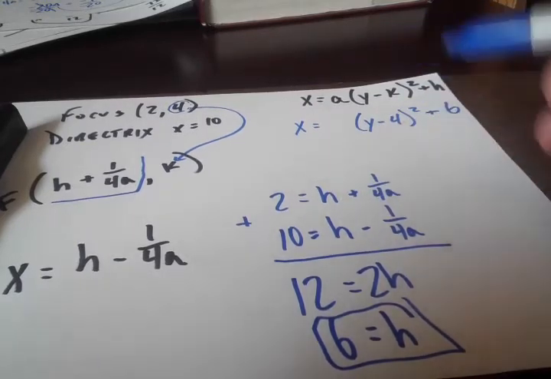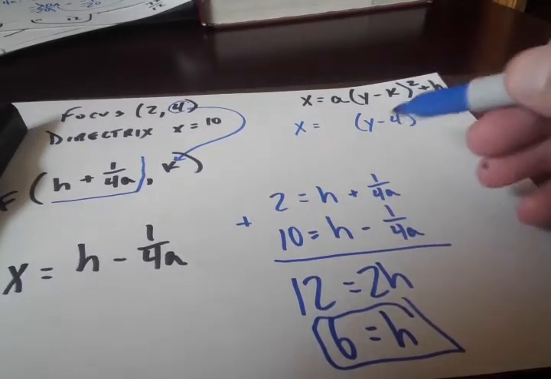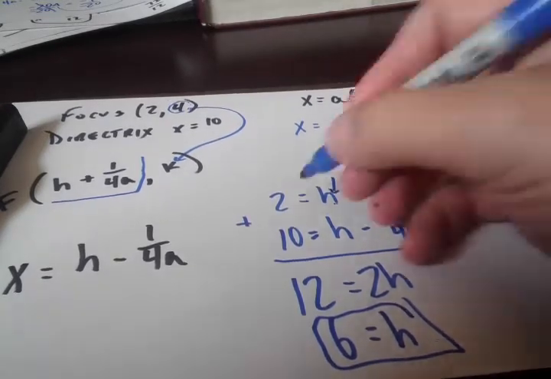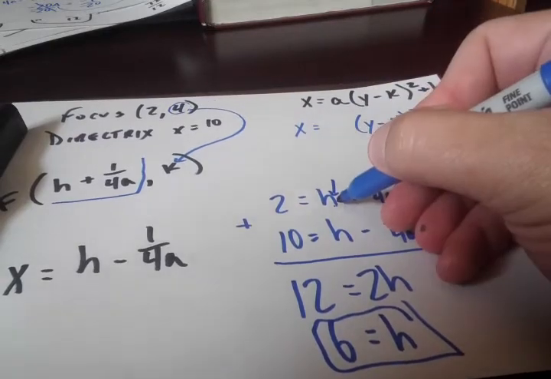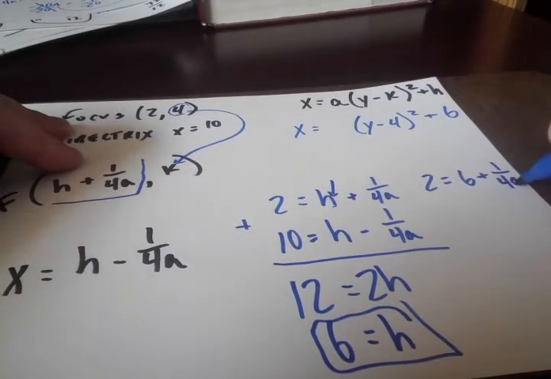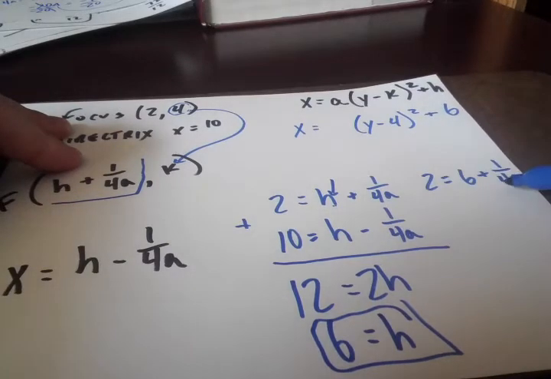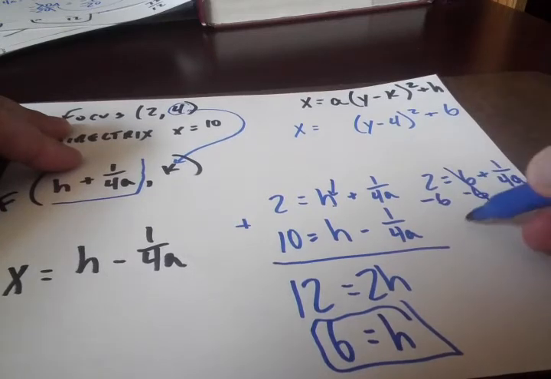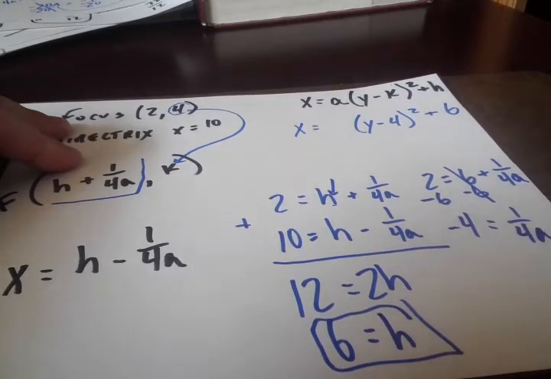Okay, so I'm just going to plug it in right here. I'm going to say 2 equals, instead of h, 6 plus 1 over 4a. And now we will solve this equation for a. If we subtract 6, we get negative 4 equals 1 over 4a.